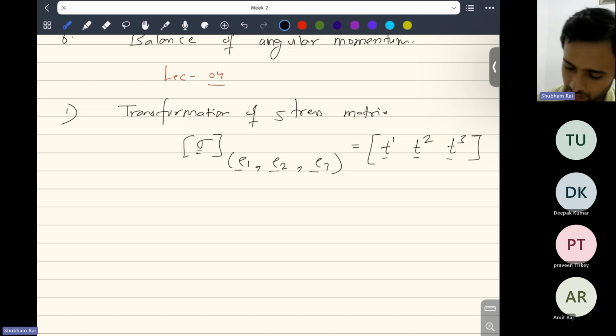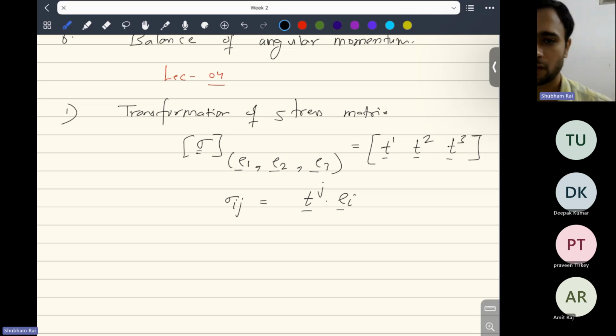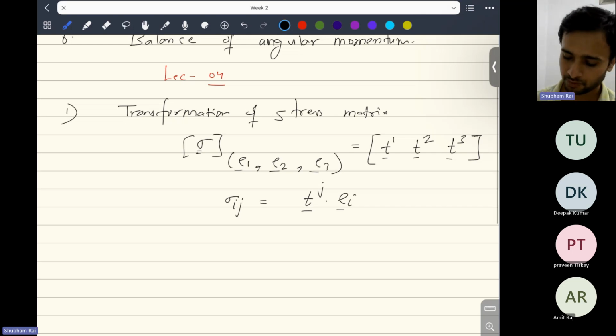Now you also can write it in terms of index notation. So you can also write it like sigma ij, that will be equal to jth traction vector dotted with ith basis vector, right? So it's the same thing actually.